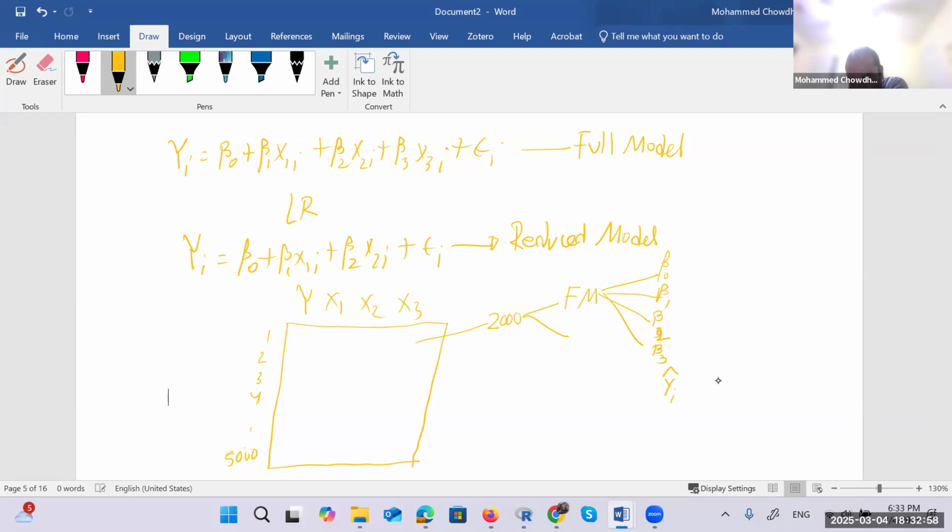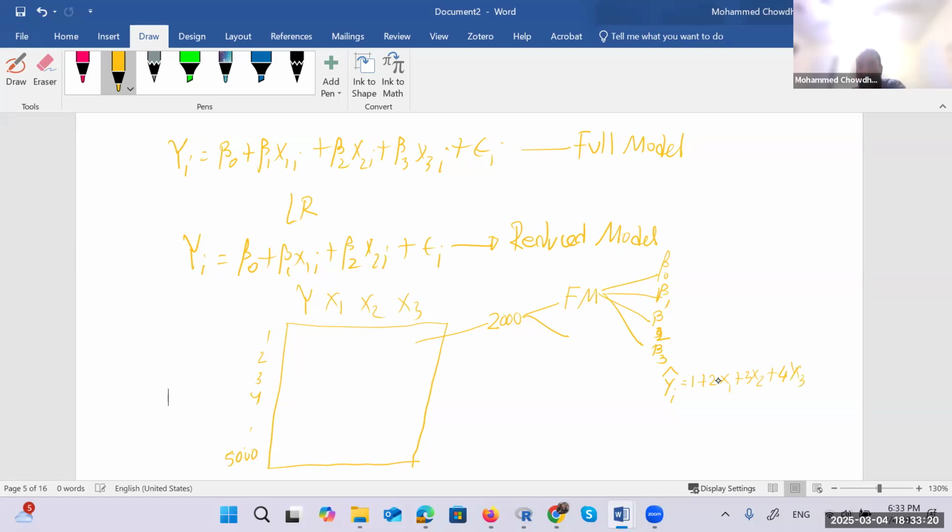My estimated model is this: y_i hat equal to beta 0 equal to 1, plus 2 x1, plus 3 x2, plus 4 x3, suppose.